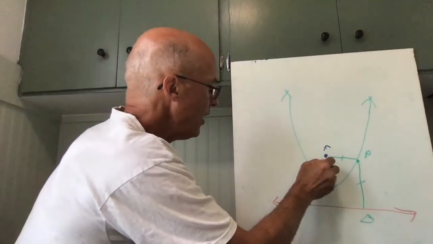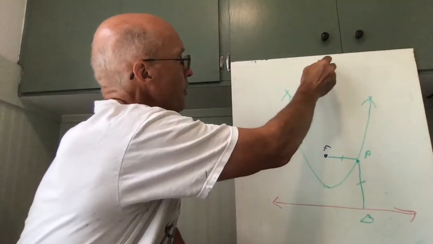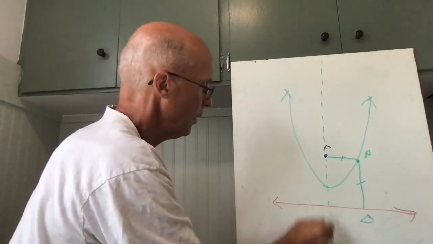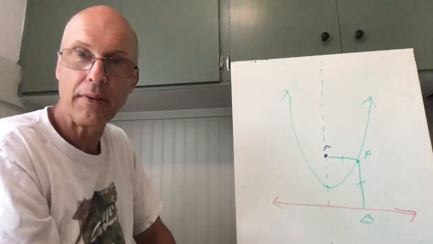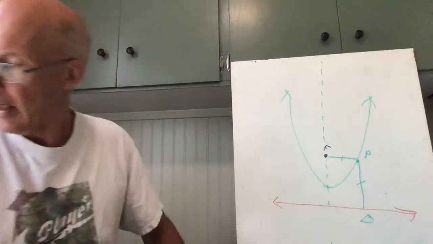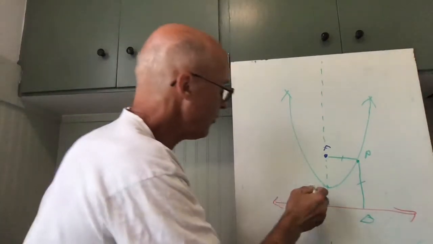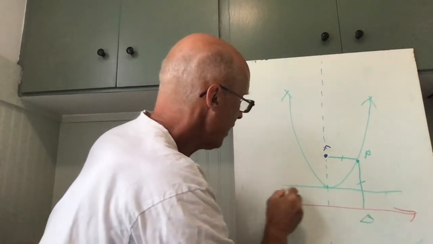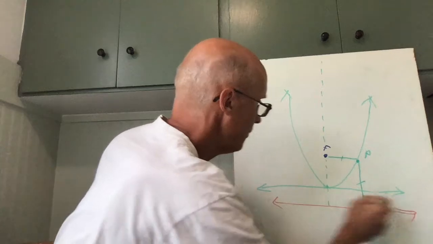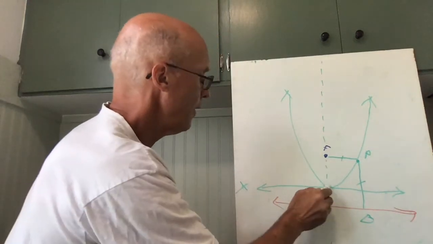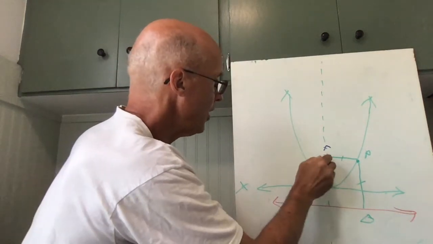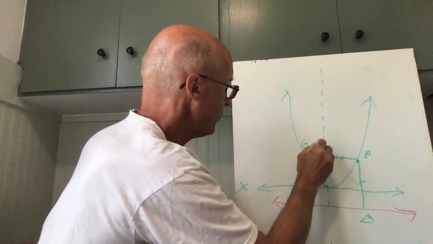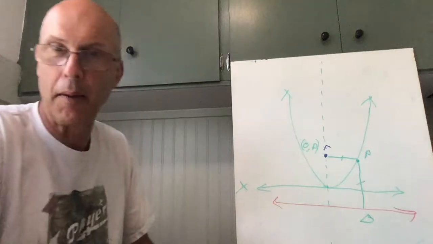First of all, you remember there's an axis of symmetry that goes through here. This is called the vertex. And if the vertex was right on the x-axis, let's say, then this distance up is going to be the point (0, p), it's p up.